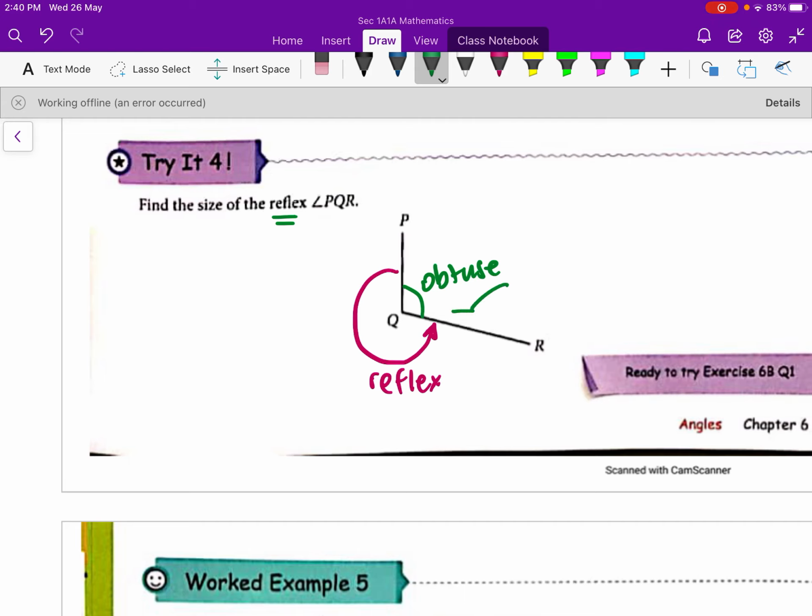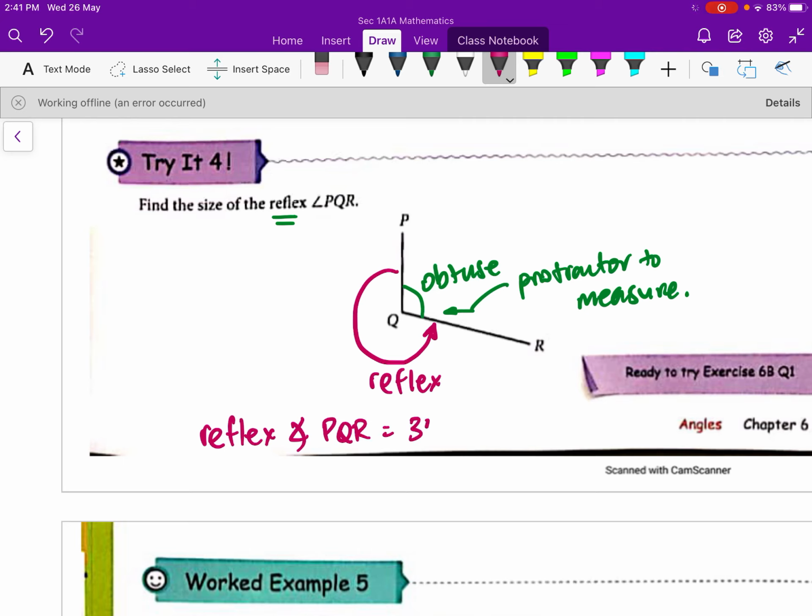So for this, use your protractor to measure. Once you have the value, the reflex angle PQR is just 360 minus that obtuse angle, whatever you measured it to be. And you get the answer.